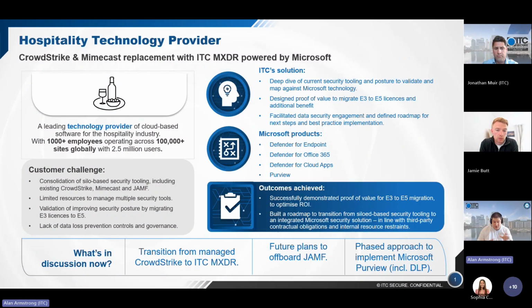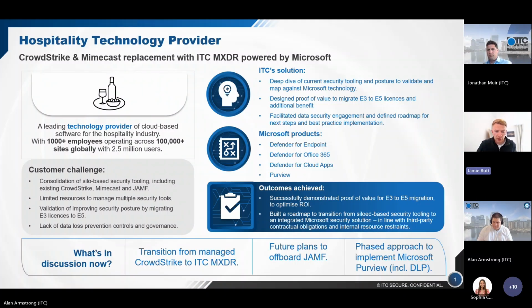And finally, to help save them money and consolidate, they're looking at moving Jamf to Intune for their Mac management, again to reduce costs and get the most out of the licensing.